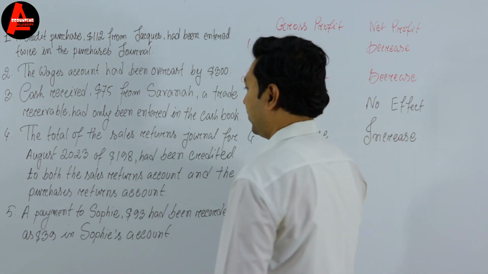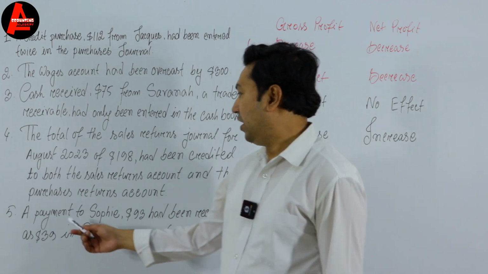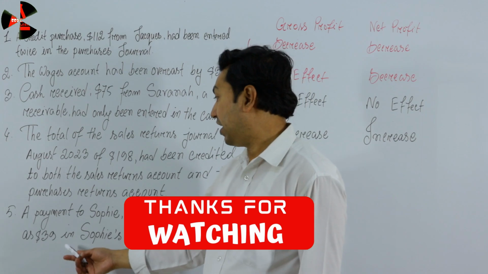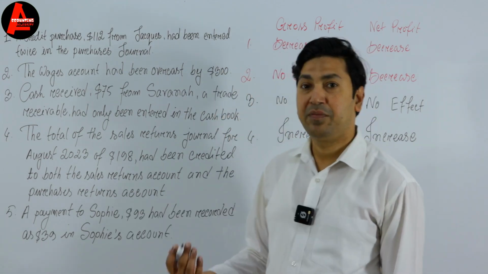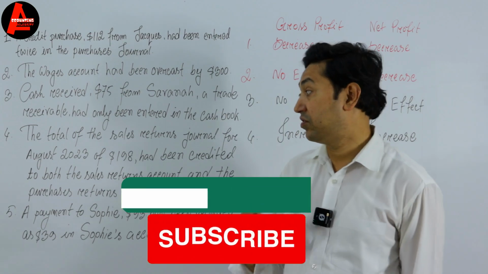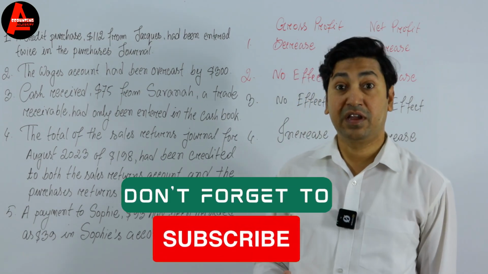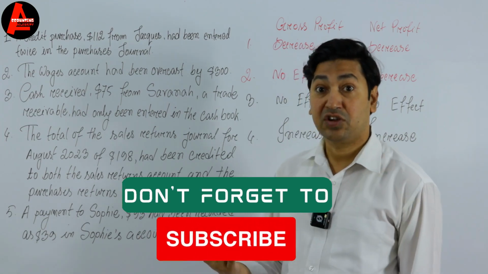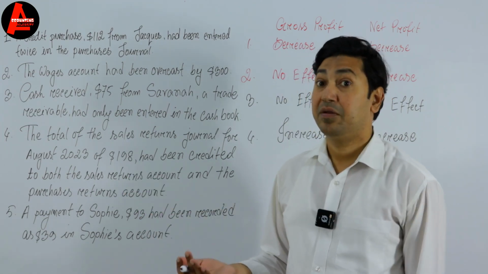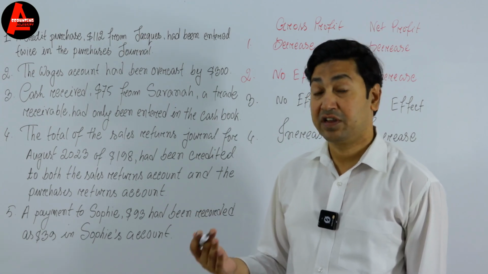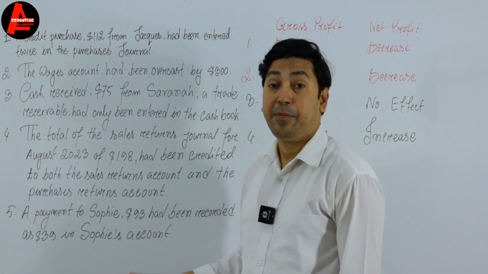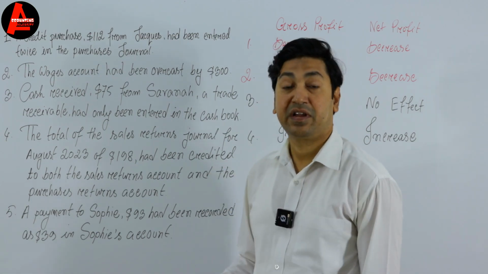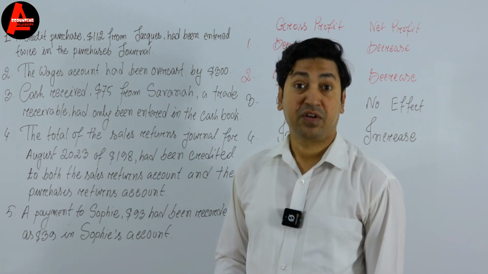Okay, great. The last one, number 5. A payment to Sophie, $93, had been recorded as $39 in Sophie's account. So payment to Sophie. Sophie is a supplier. We paid Sophie. So supplier is a liability, and we paid 93. That means cash or bank balance. These are all statement of financial position related items. Liability will appear in the liability section of the balance sheet, and cash or bank will appear as an asset in the statement of financial position.